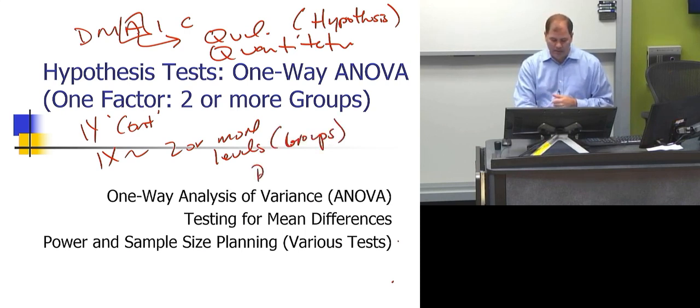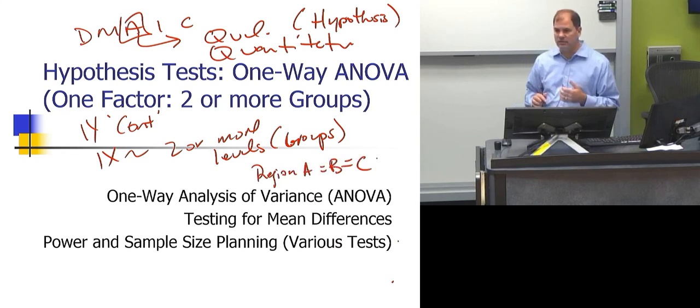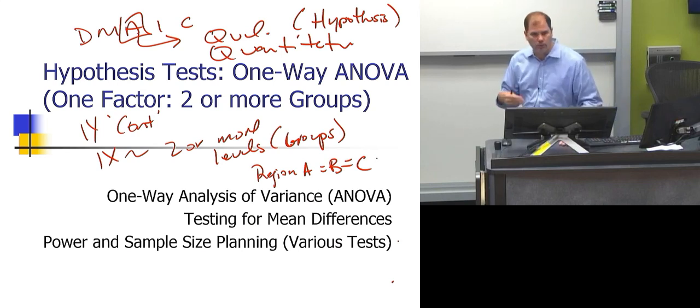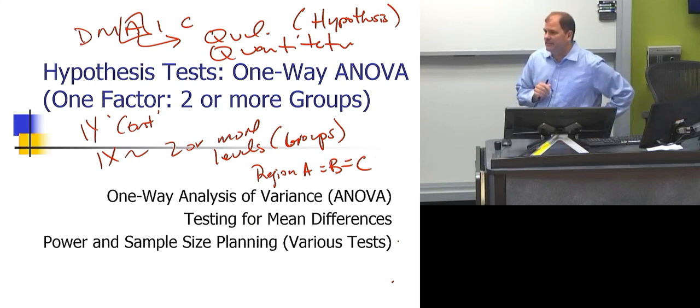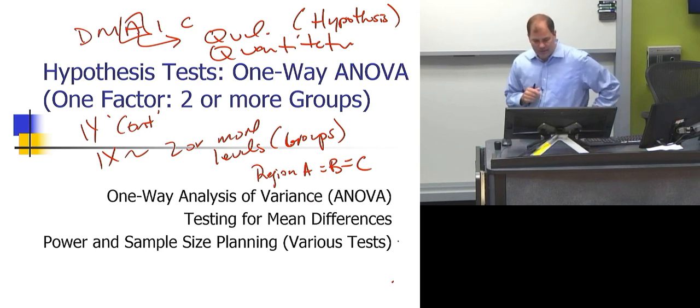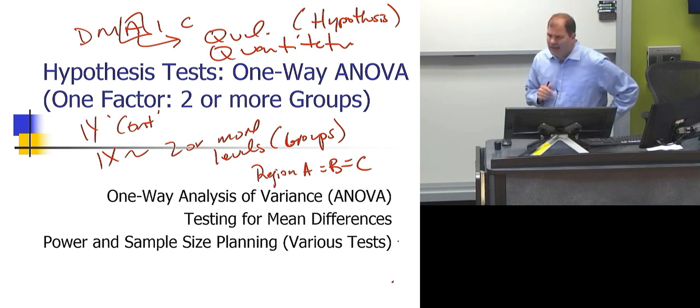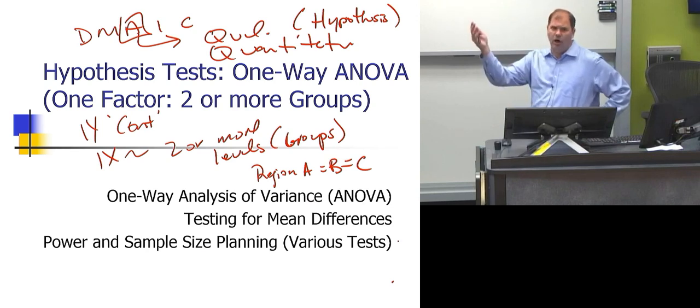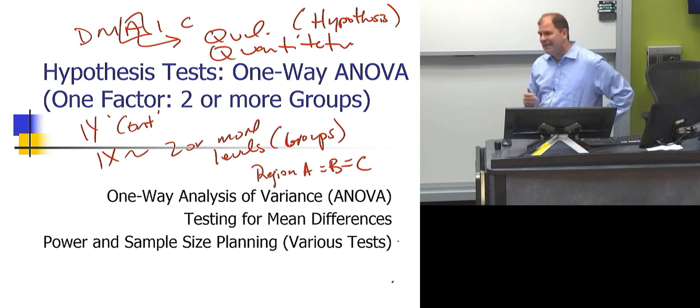For example, we might want to compare region A versus B versus C. Typically, we're doing ANOVA when our X is categorical. It doesn't have to be that way, but typically when we have a certain number of groups. And usually the number of groups is not like 100 groups. Usually we might have 10 or fewer groups, maybe up to 15 or 20, but usually not too many groups. And we want to have a way to analyze that. We're going to use analysis of variance.